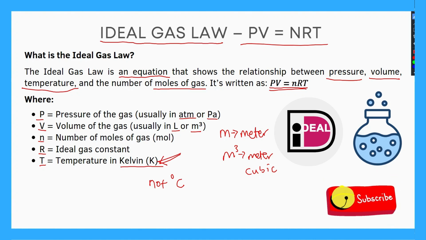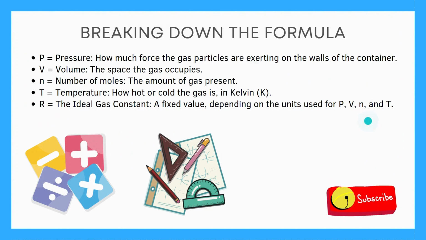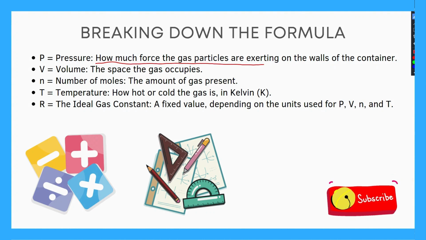Having said all of that, there is one variable among all of these that stands out particularly, and that is the ideal gas constant. We want to talk about what it means, and we want to talk about its value. Before we do that, let's break down the formula one more time. P stands for pressure, and pressure here refers to how much force the gas particles are exerting on the walls of the container. V stands for volume, and the volume refers to the amount of space the gas occupies.